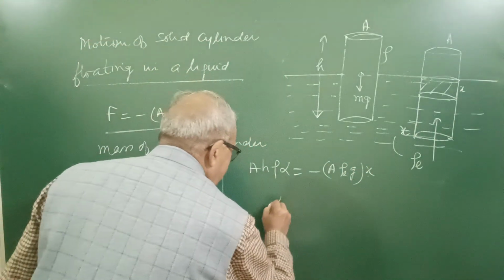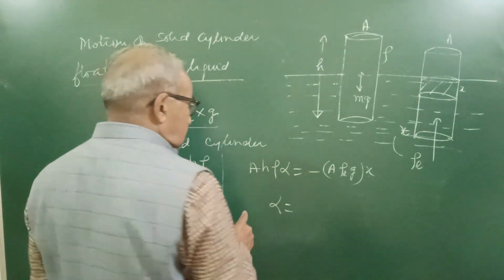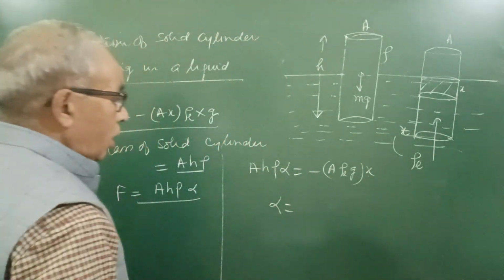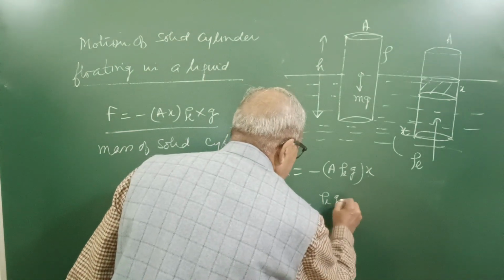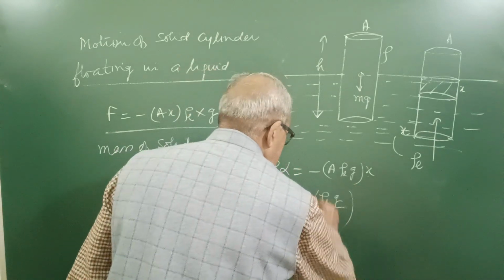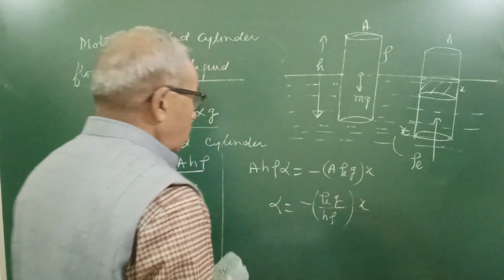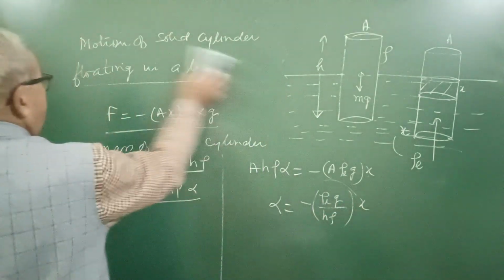So here alpha is left only, A cancels with A. So alpha equals minus rho L into g upon H into rho, into x. This whole thing is constant, it becomes omega square.